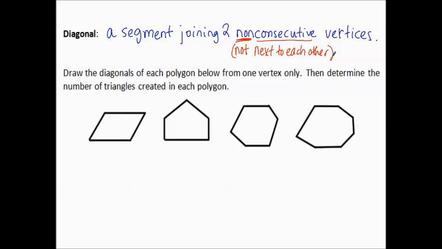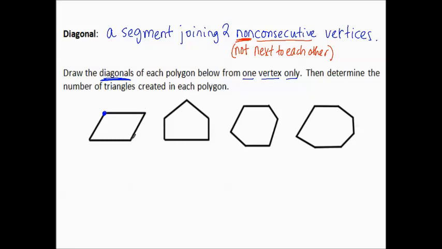So I want us to draw the diagonals of each polygon below from one vertex only. So we're going to draw a diagonal from one vertex only. Here is a vertex. Consecutive to this vertex would be this one. If I traced to this vertex, I would be tracing a side, not a diagonal.